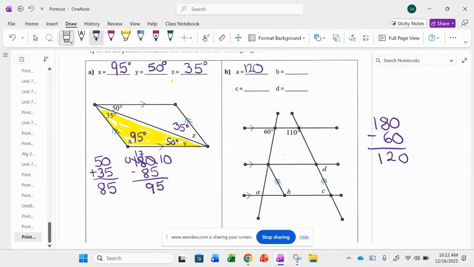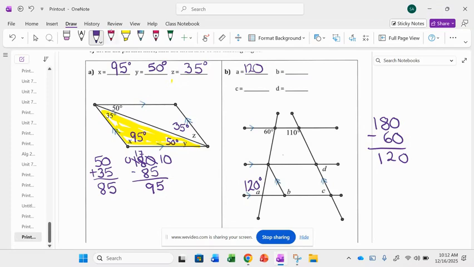So I'm going to write the 120 in my diagram because that might help me get other angles also. Okay, let's keep going now. Now I'm going to go actually to angle C. I'm just jumping all over the place.